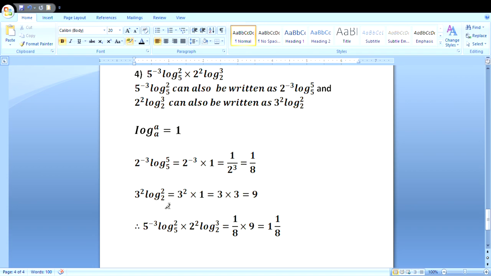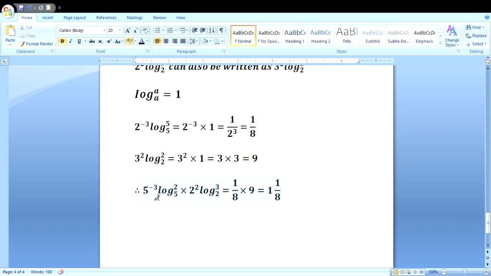Similarly, for 3 raised to power 2 log 2, this is 3 squared times 1, which is 3 times 3, and is equal to 9. So therefore, 5 raised to power minus 3 log 2 to base 5 times 2 raised to power 2 log 3 to base 2 is equal to 1 over 8 times 9, which is one whole number 1 over 8.